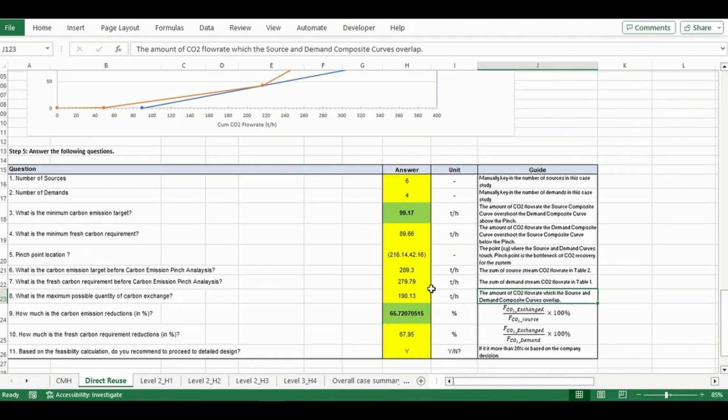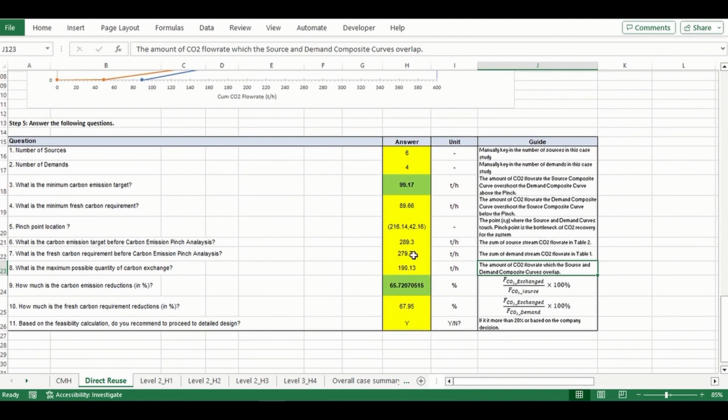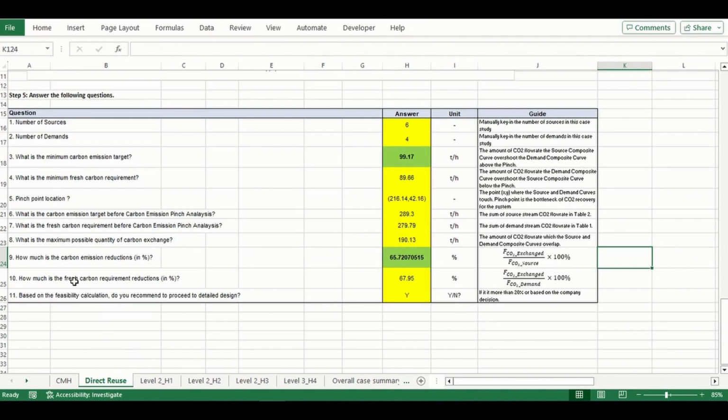We can identify this by subtracting the minimum CO2 emission from the total emission, or subtracting the minimum fresh carbon requirement after pinch analysis from the total fresh CO2 requirement before pinch analysis. The value is 190.13 ton per hour.